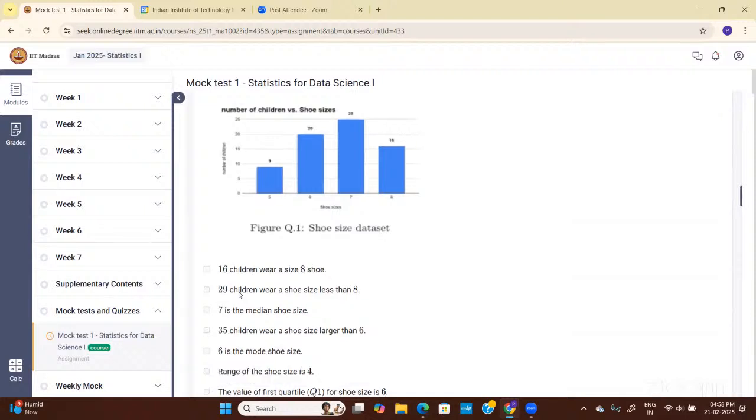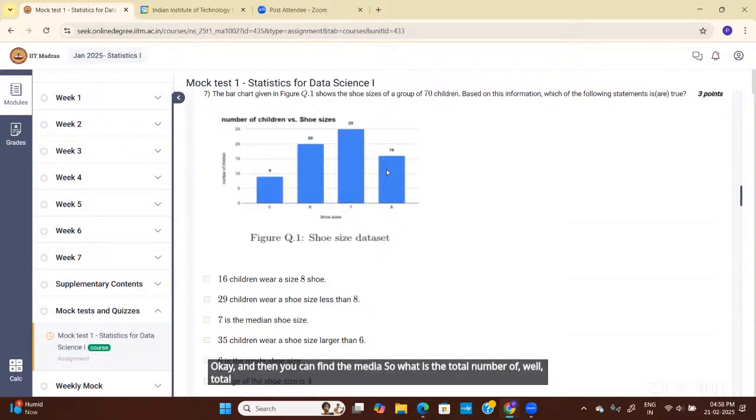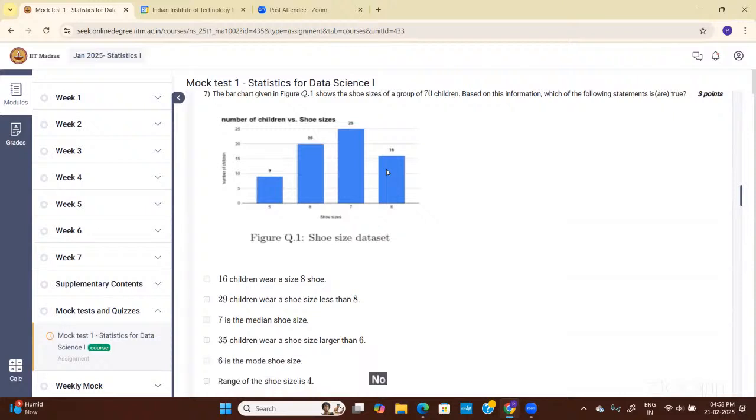For finding the median, you can arrange the data set and then find the median. What is the total number of observations here? 9 plus 20 plus 25 plus 16, so 70 will be the total number of observations.